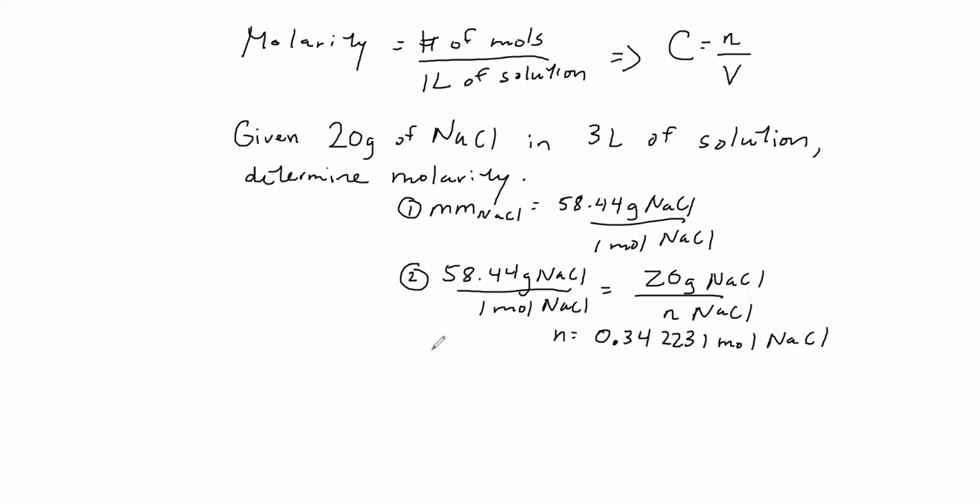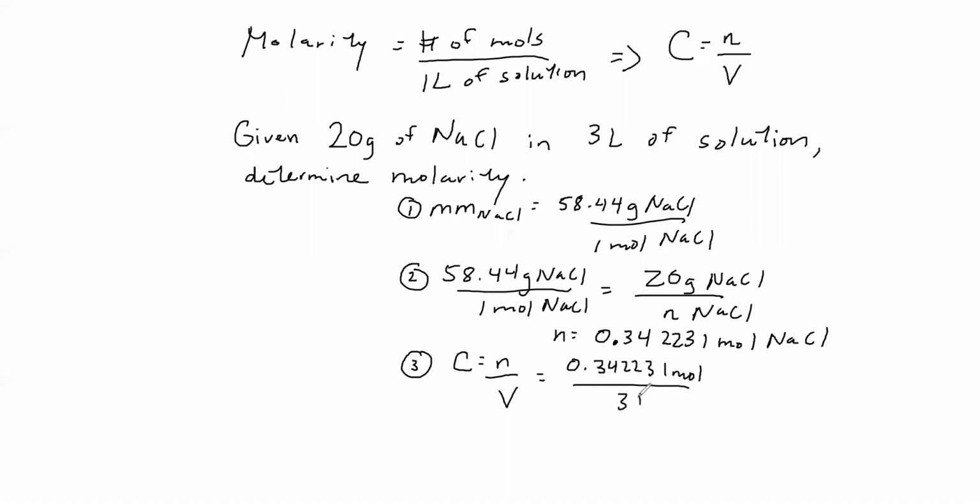Okay. Remember, the procedure is more important than the actual numbers. Yes, the numbers are important, but we're not actually making the solution. So no need to worry too much. C is equal to N over V because I'm interested in molarity. And now I just plug in my numbers, 0.342231 moles of NaCl.